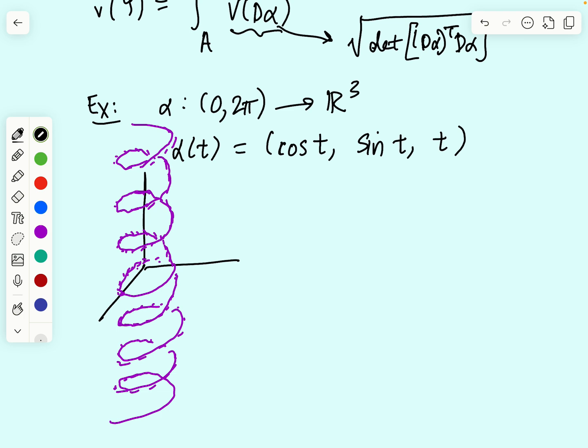So the volume of the parameterized manifold in this case is going to be the arc length.